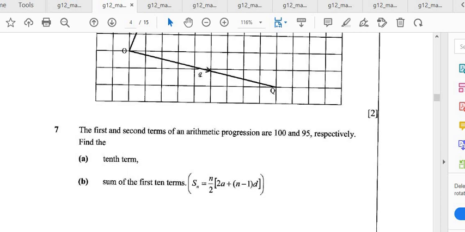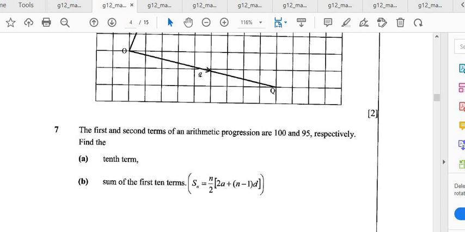The first and second terms of an arithmetic progression are 100 and 95 respectively. Find the 10th term, and then we also find the sum of the first 10 terms.